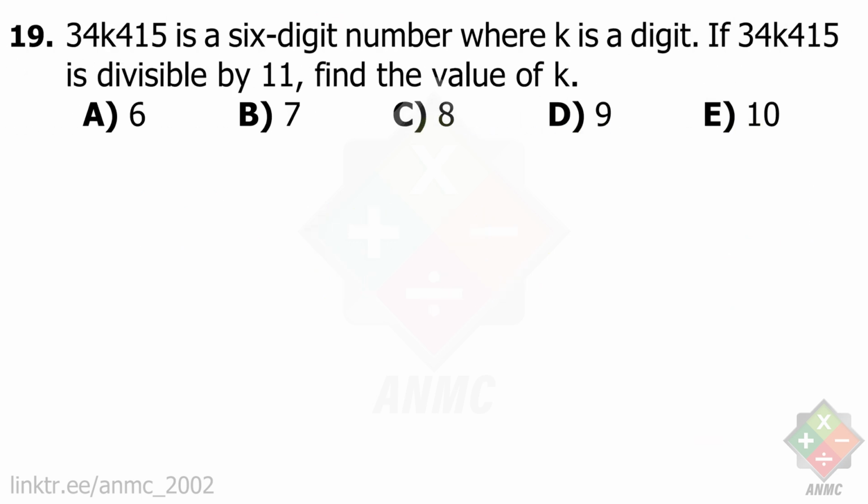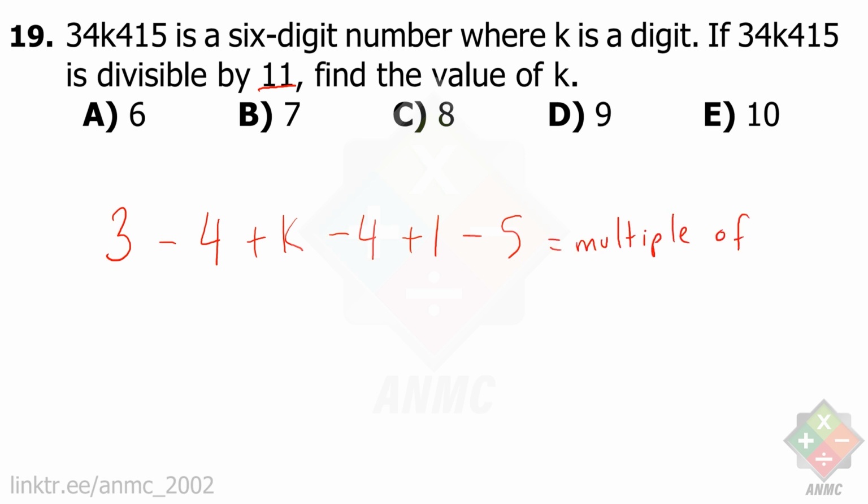We have a number with 6 digits and it is divisible by 11. 3 minus 4 plus k minus 4 plus 1 minus 5 must be a multiple of 11. Let's calculate.